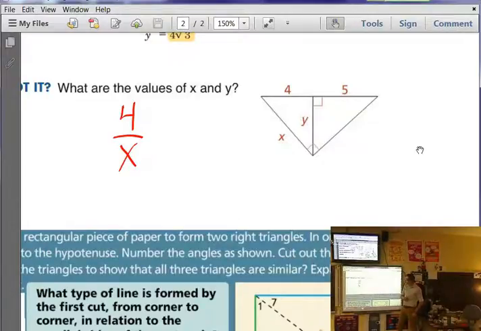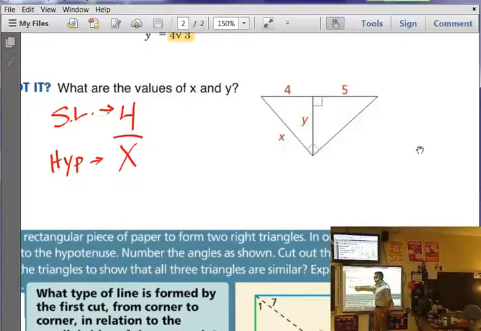So like short leg and hypotenuse. So when I relate that, it's going to have to be short leg and hypotenuse. So you use x over y. Yeah, which triangle then are you looking at? The big triangle.